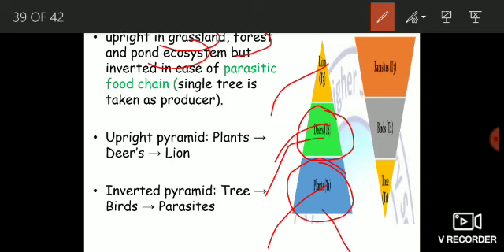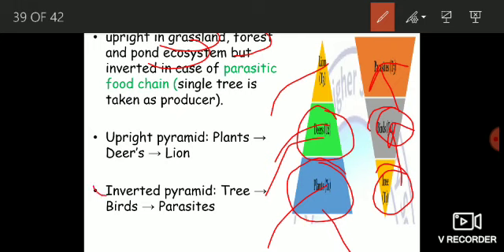But you are also having some exceptions to this. Say for example, you are having a single tree, and this is the lone producer, and this tree contains a lot of birds on it. That means they are herbivores, and the birds support thousands of parasites on their bodies. That means the number of individuals goes on increasing as we move from producers to parasites.